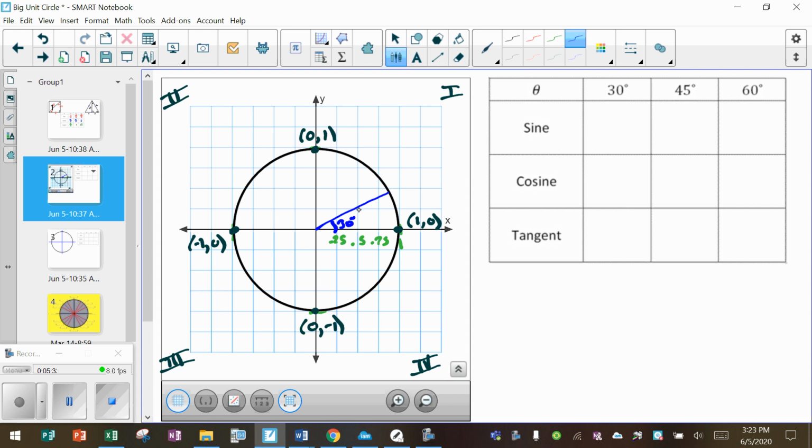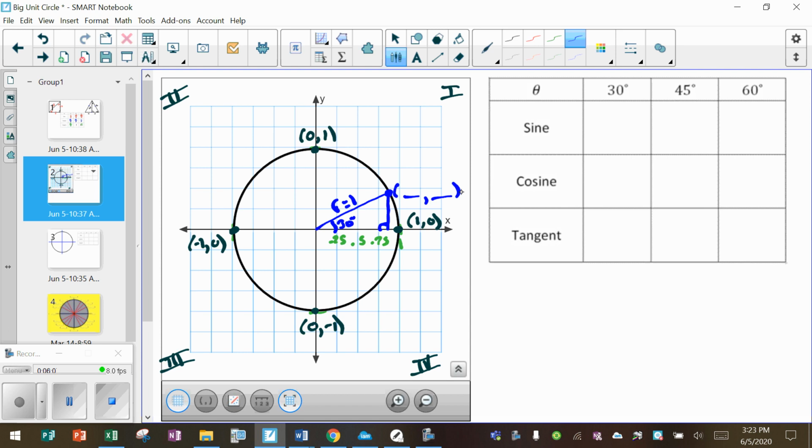Whether it's x-axis up or from the x-axis down, you always measure the angle from the x-axis. I'm going to drop an altitude here to create a right triangle. What I'm looking for are the coordinates of the point on the unit circle with a radius of 1. That means my hypotenuse is 1. And I want to find the x-coordinate and the y-coordinate of that point.